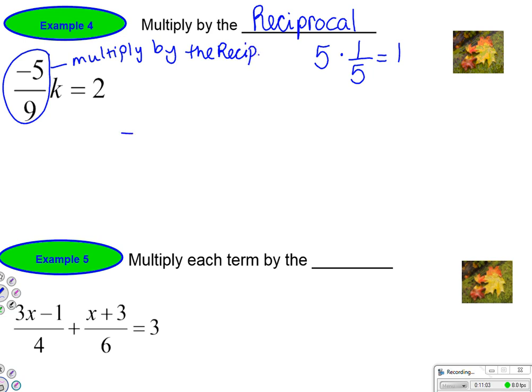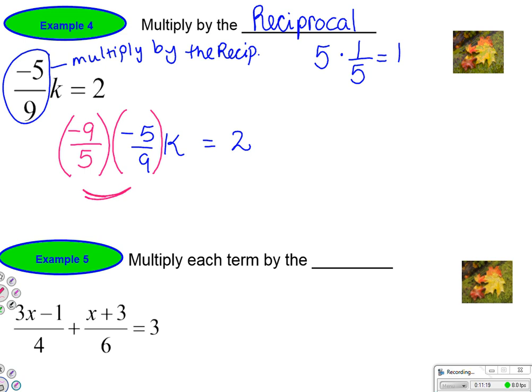All right, so we have this negative 5/9. Why don't you write a new statement down here, just so we have some space to work on. I'm going to take this and multiply it by negative 9/5. The reciprocal, right? Compare those two. The reciprocals of each other. So if I do it on one side, darn well better do it on the other, right? What do we see happening here?